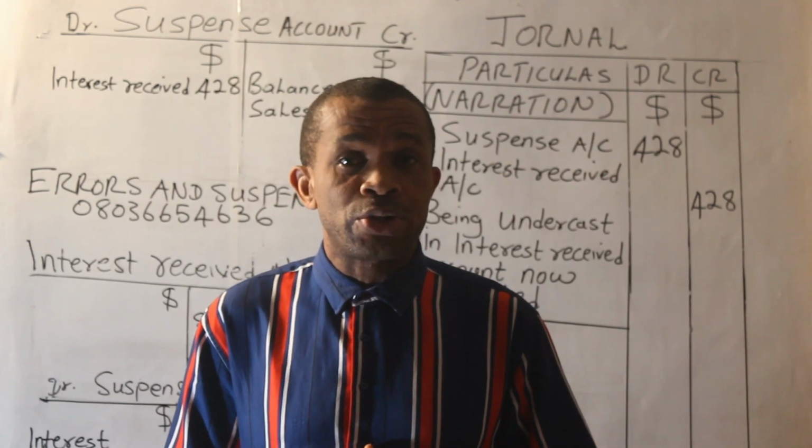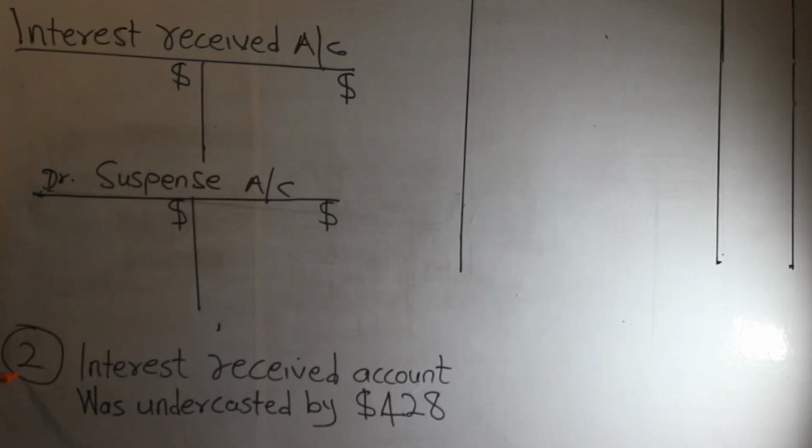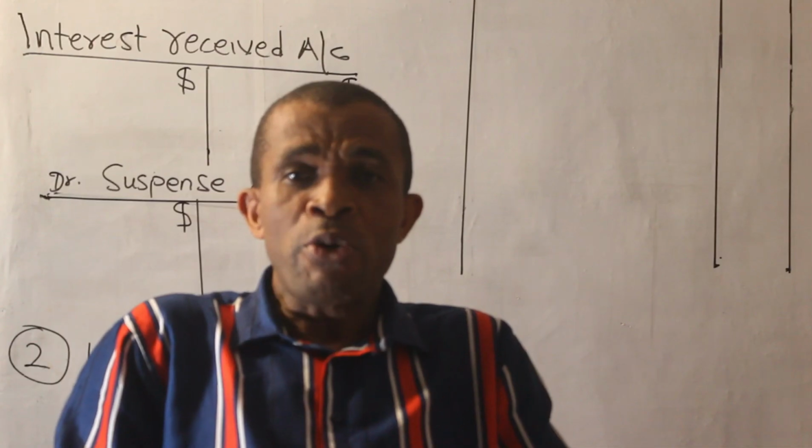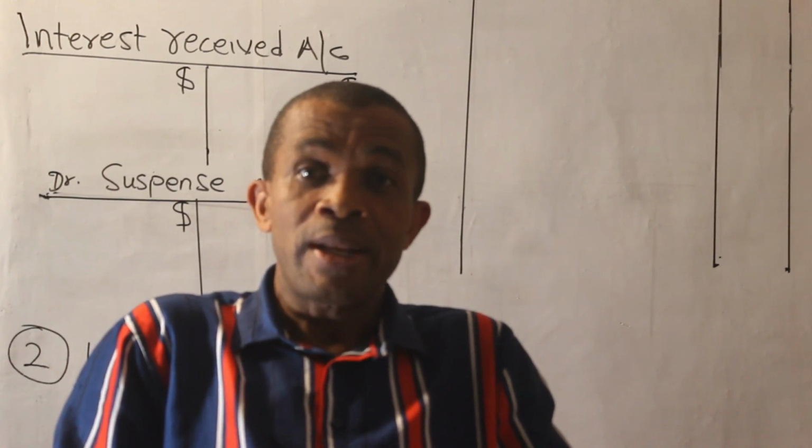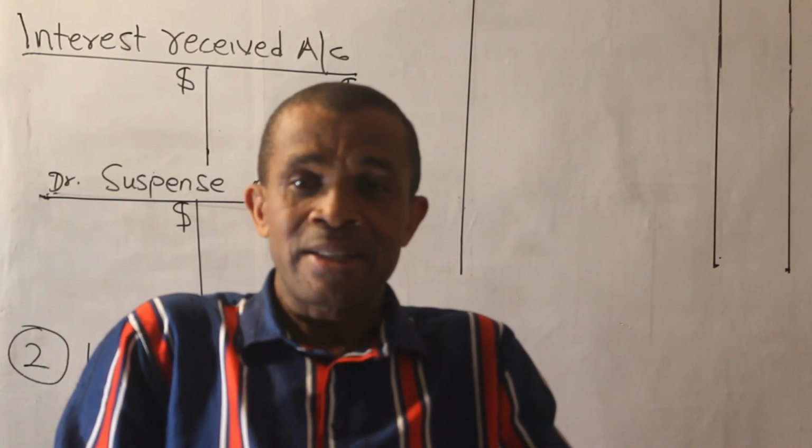As we go over to question 2. Still on question 2, which reads, interest received account was undercasted by $428. Before we pass the journal entry, let us make some analysis.